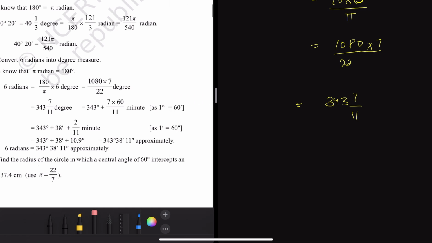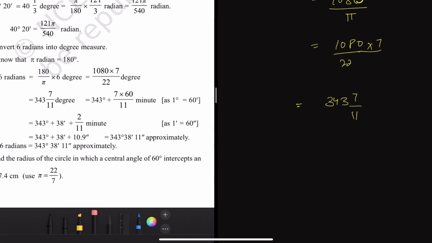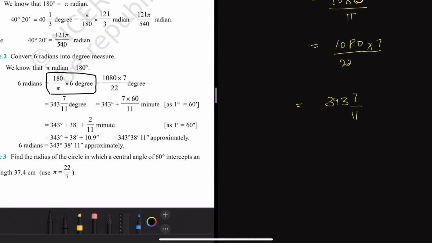So it's given in the example here. You can leave it at this point also, if it's a 1 mark question, then you can simply leave it at that. If it carries more marks, then you need to put the value of pi and then solve the complete value.